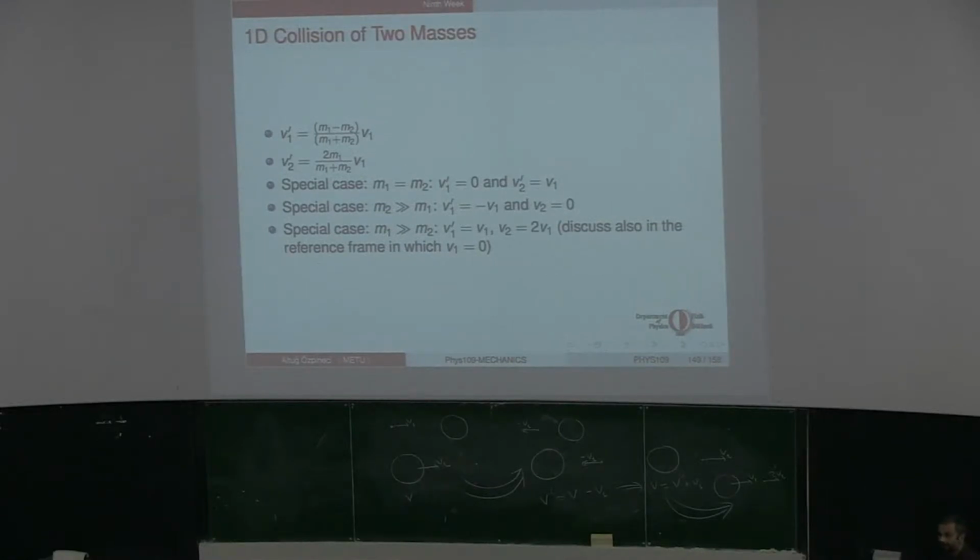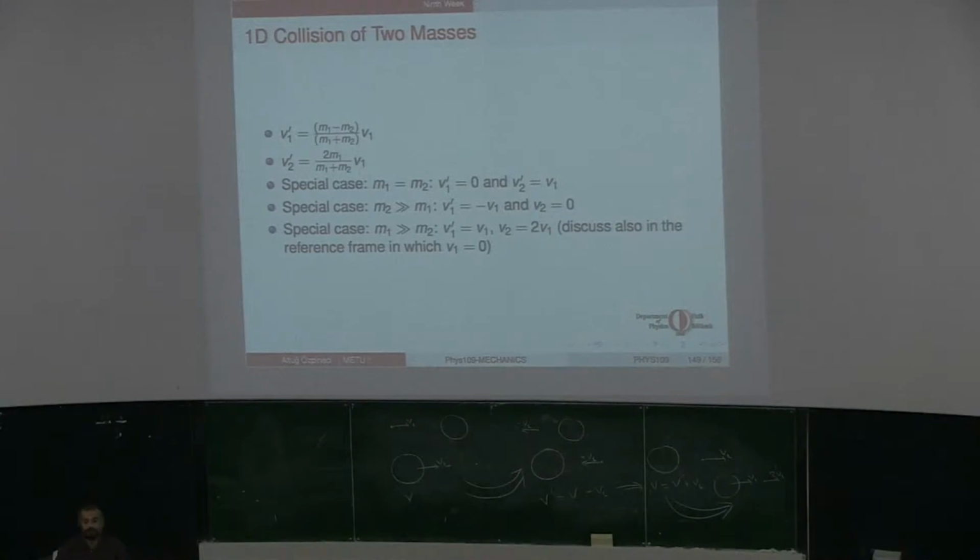Another way of looking at the same process: as I throw the bowling ball, it starts moving with velocity v1. I also start moving with velocity v1. I'm moving with the bowling ball, so the bowling ball is not moving relative to my position. But the table tennis ball is approaching me with the velocity minus v1.